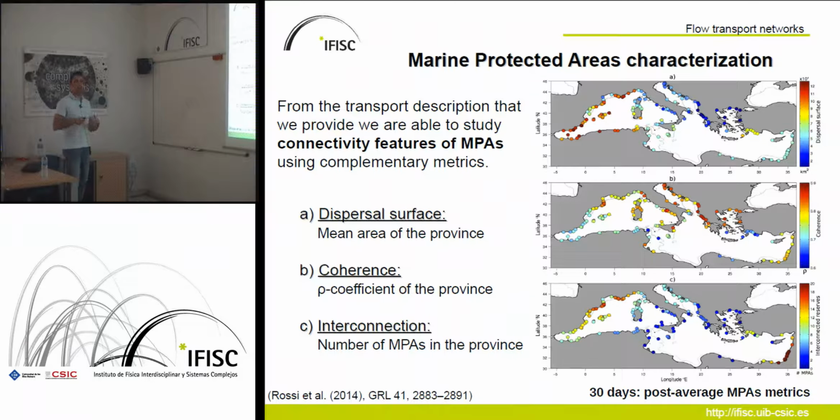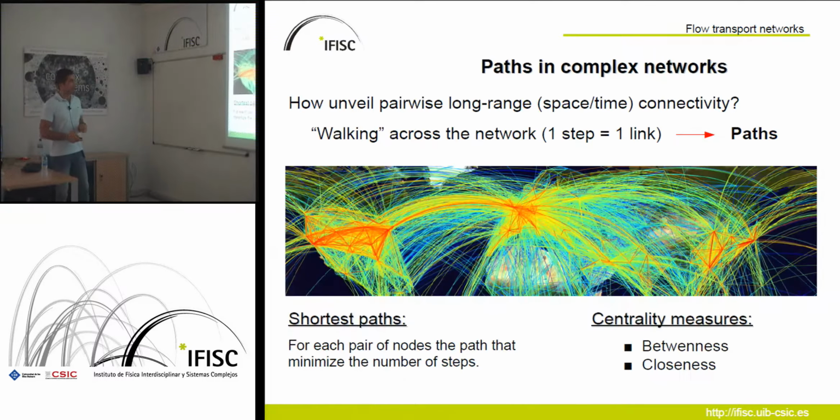The main pathways that connect different regions of the ocean. And to do this, we use the concept of path that is very popular in complex networks. It's a tool to somehow unveil long-range connectivity between different nodes in the network.